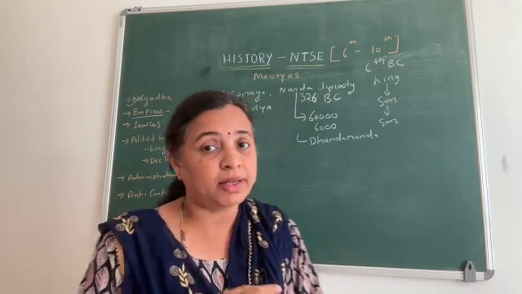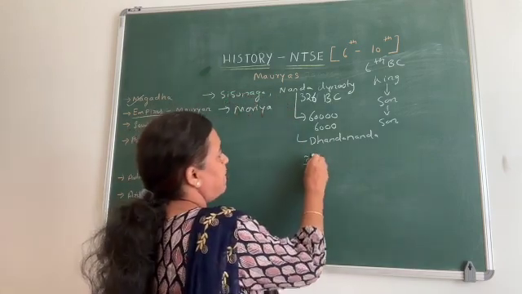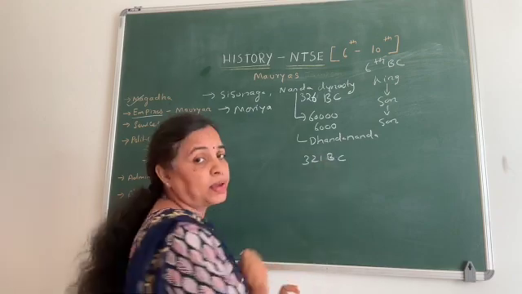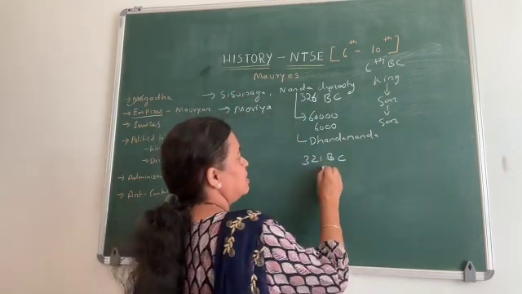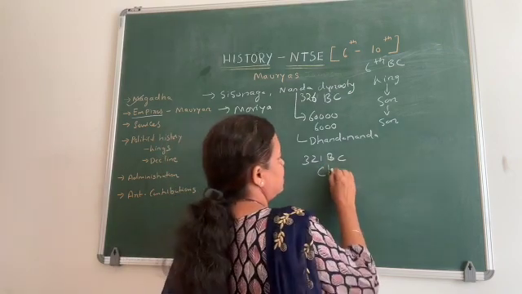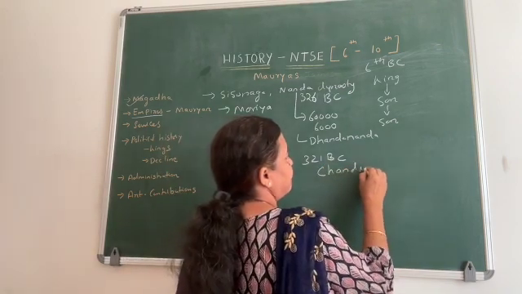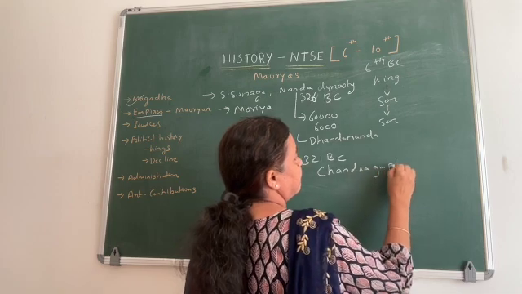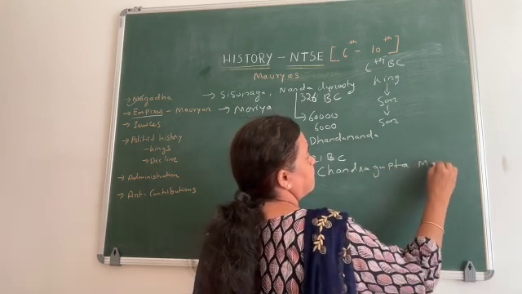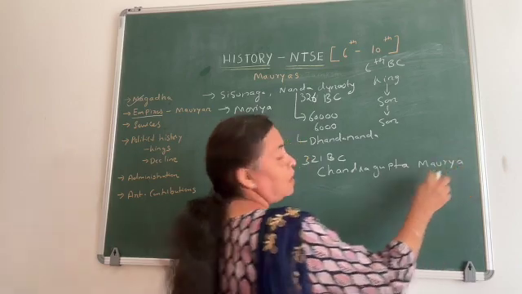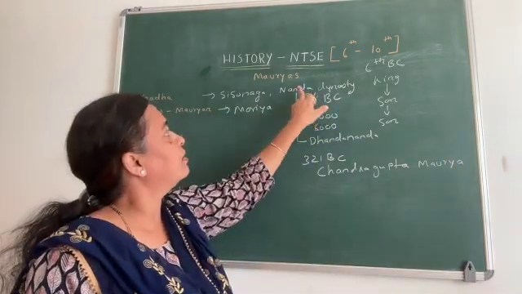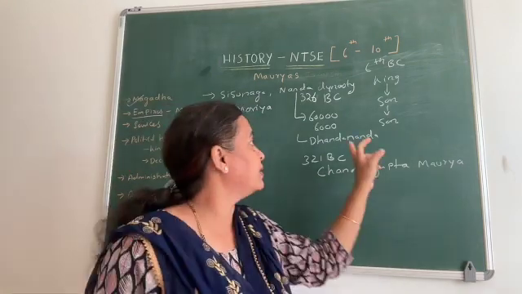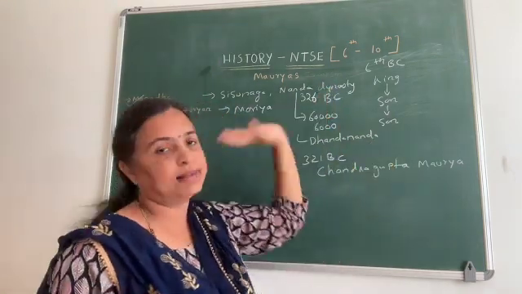So sometime in 321 BC, a young boy named Chandragupta Maurya, from the Maurya tribe, killed Dhanananda, this king from the Nanda dynasty.